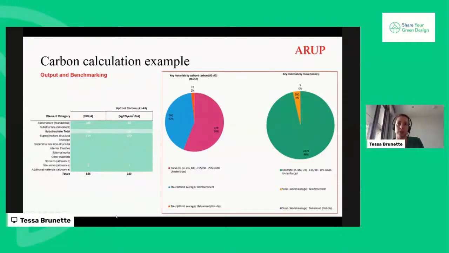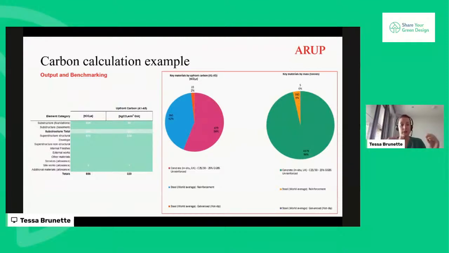On this particular project, what you can see here is that the bulk of the material and the embodied carbon actually sits with concrete. We've got 96% of the materials by mass is concrete. Without going into too much detail, what we can see right away and start informing our design process is that if we want to reduce the embodied carbon on this project, we need to be reducing the tonnage of concrete.